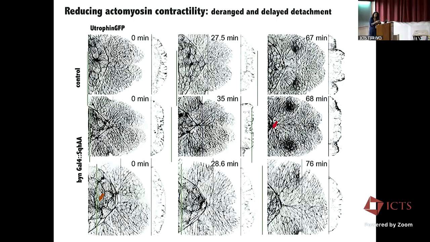Perturbing actomyosin contractility in the second phase also disrupts and delays detachment. So rather than hastening detachment, it slows it down, and it alters the organization and curvatures of the germ band.